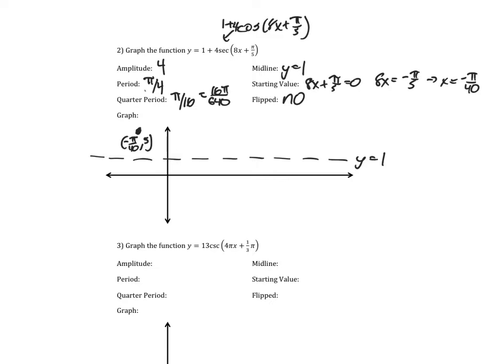Hold on a second, am I screwing this up? The quarter period, sorry, that would be 40 pi over 640, right?